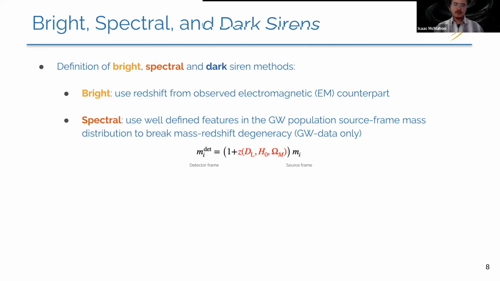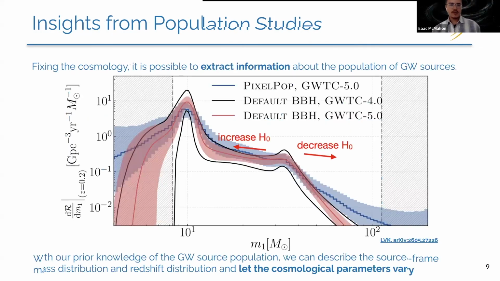These 2 masses are related by the distance between the detector and the source, which is the redshift. And so if you have a measurement in the detector frame, you have a measurement in the source frame, these 2 masses are related according to the redshift and other cosmological parameters. So we can take advantage of this.